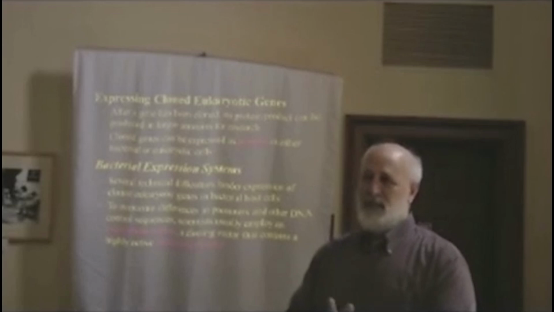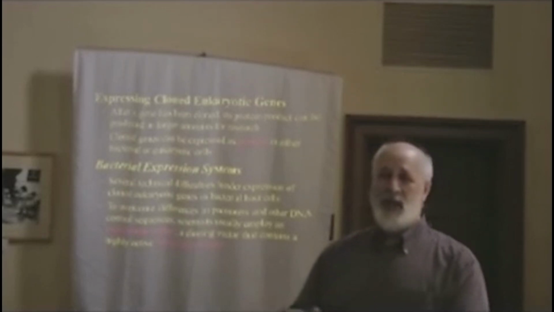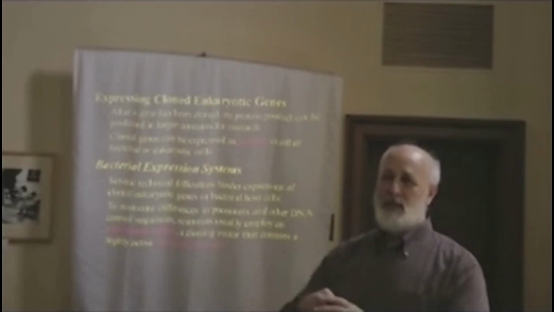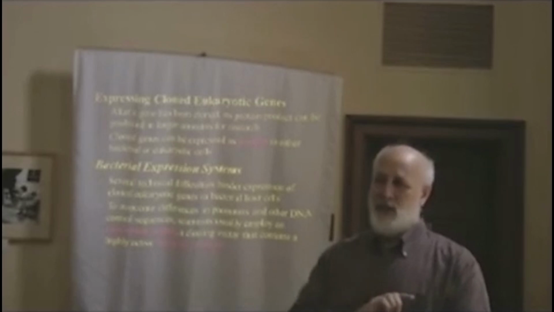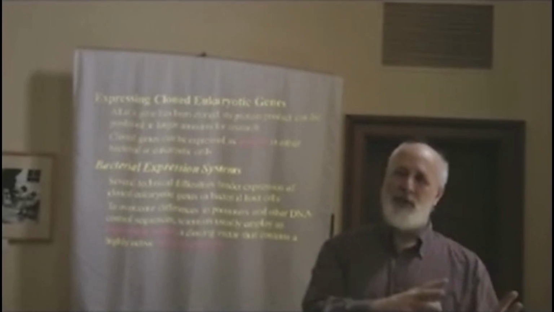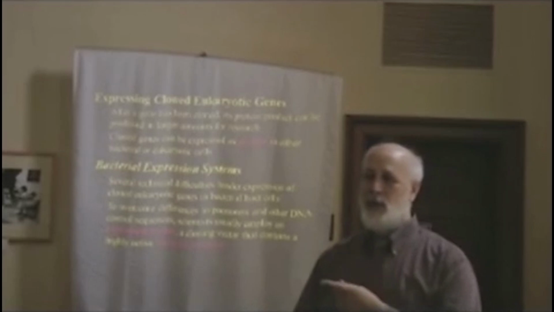So if you put human DNA into a plasmid and then put that into a bacterium, if you use the complementary DNA, then you don't have a problem, because most of the time it will find the promoter, because you're using bacterial DNA plus eukaryotic DNA, and it will find the prokaryotic promoter.